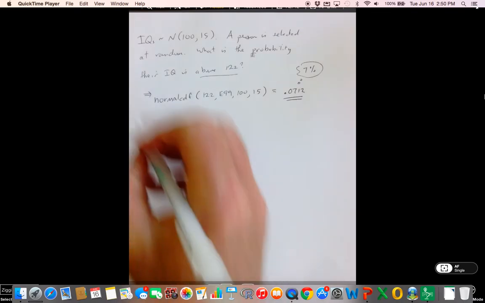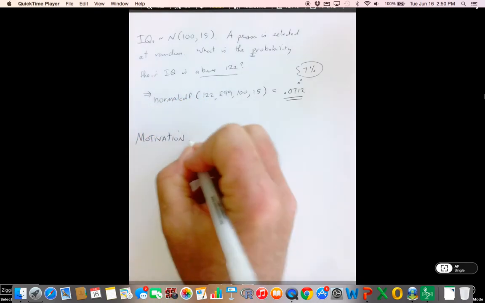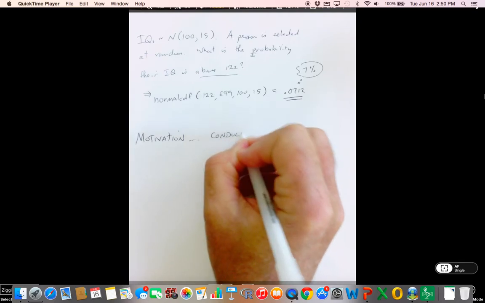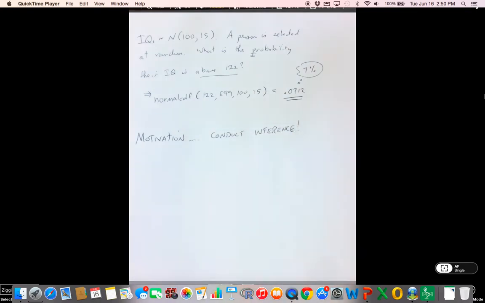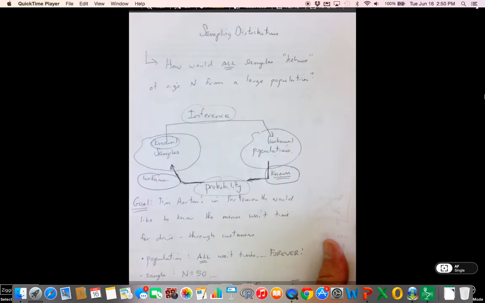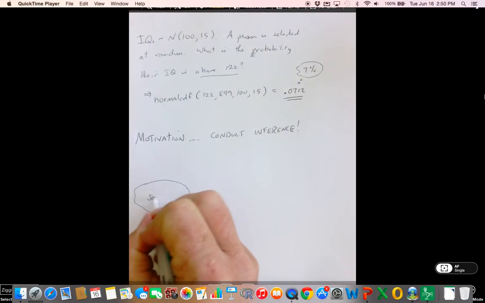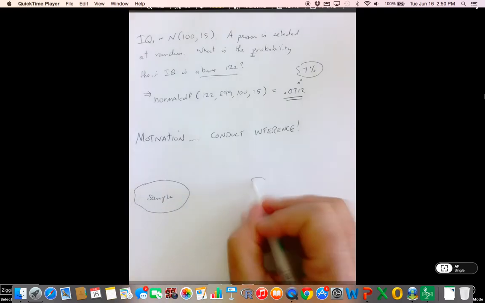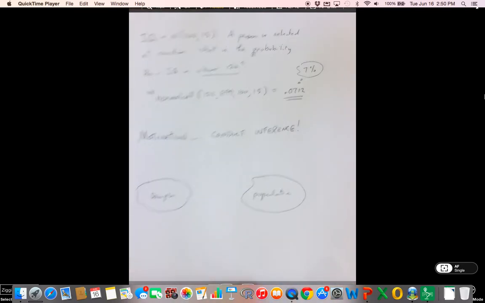Now, guys, if the motivation here is to conduct inference, let's see where we currently stand in this statistics course. What do we currently know how to do? So far, we have a sample, and we have a population.